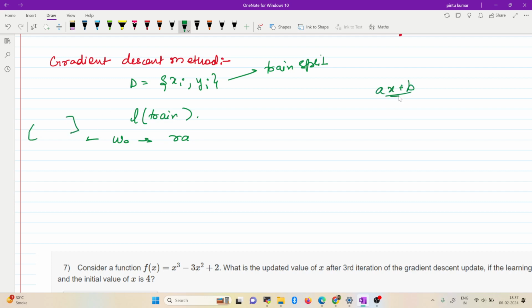For example, if your class of classifier is linear, then your W naught would look something like A naught, B naught. So you take some random W naught and then you update W1 to be W naught minus some eta times gradient of F at W naught. This eta is something that is called step size, and this is a hyperparameter.